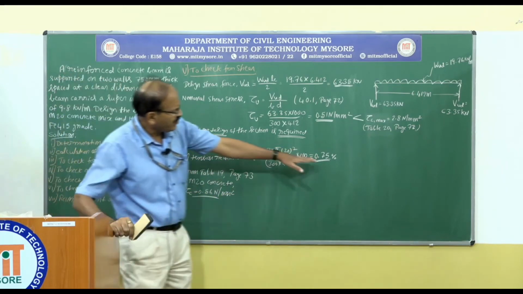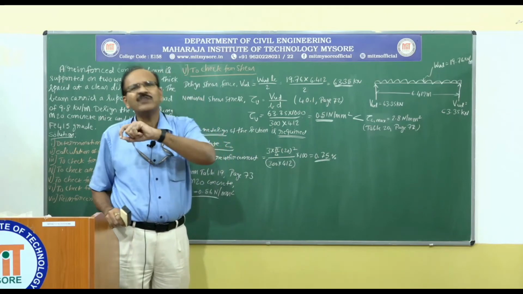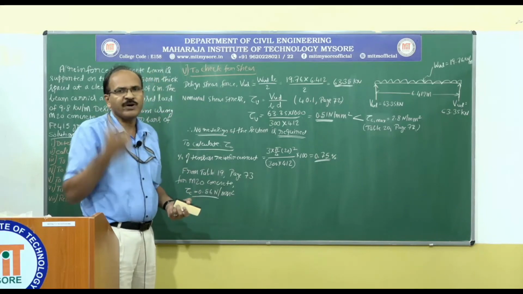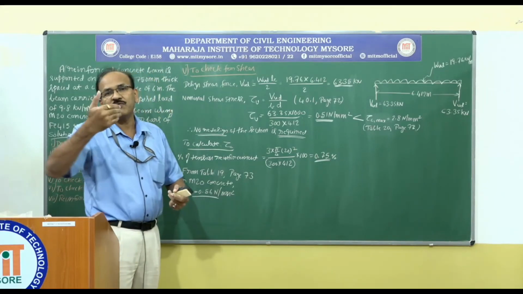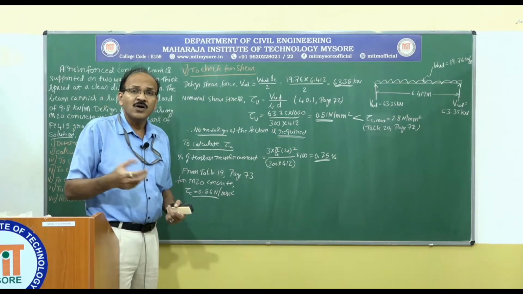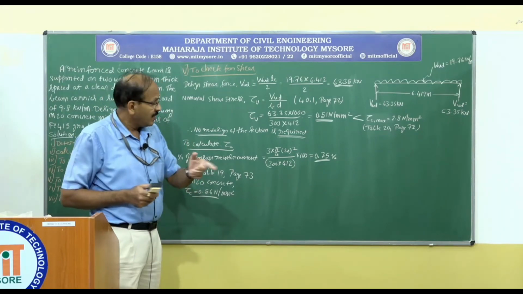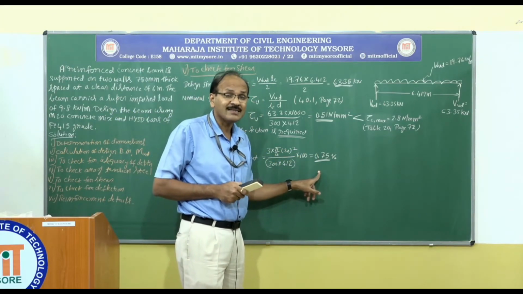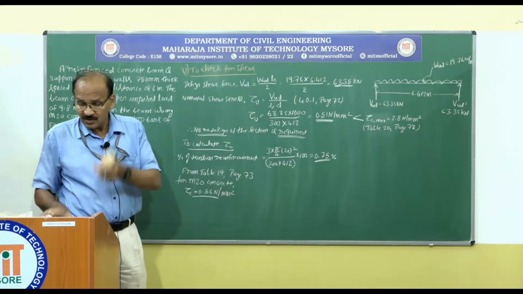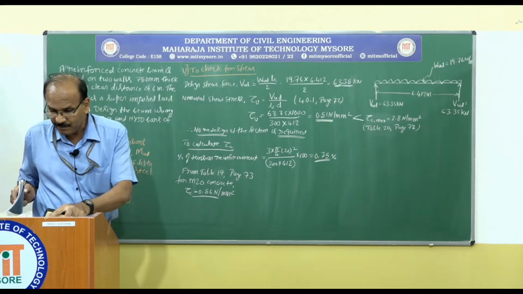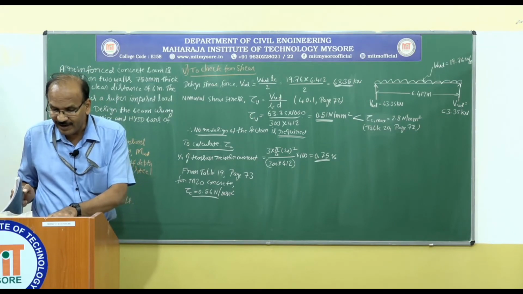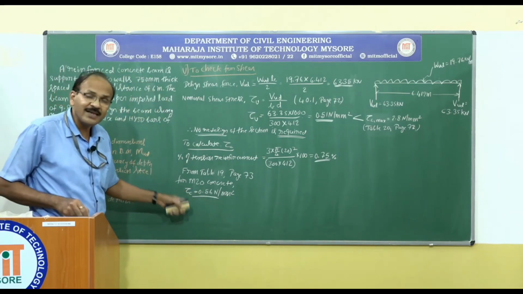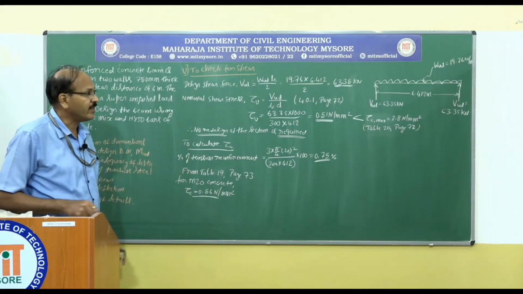For 0.75% steel, we get the value directly from the table. Any value between 0.5 and 0.75 or between 0.75 and 1, etc., we have to do linear interpolation. Here fortunately the percentage is exactly 0.75%. So, go back to the table. There is a value for 0.75 for M20 concrete. The value is 0.56 Newton per millimeter square. That is the design shear strength of concrete.